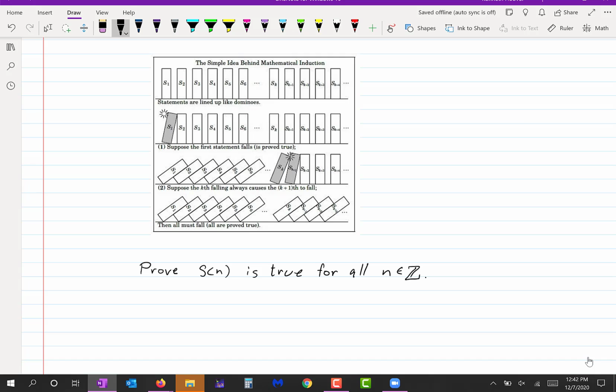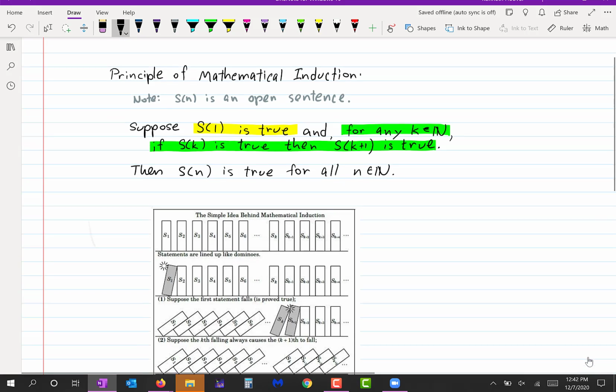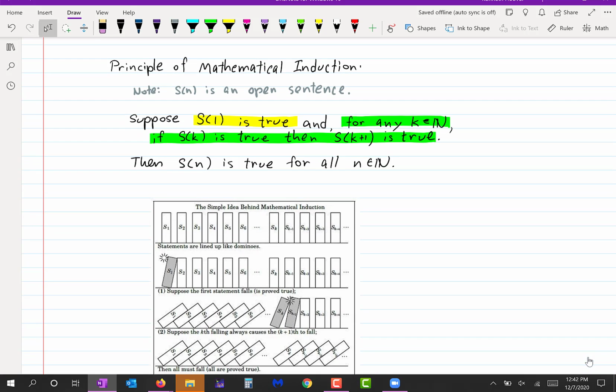Okay? So the way you can do it is you have two parts. Okay, just like the principle of mathematical induction has two parts. And then you get to make a conclusion.